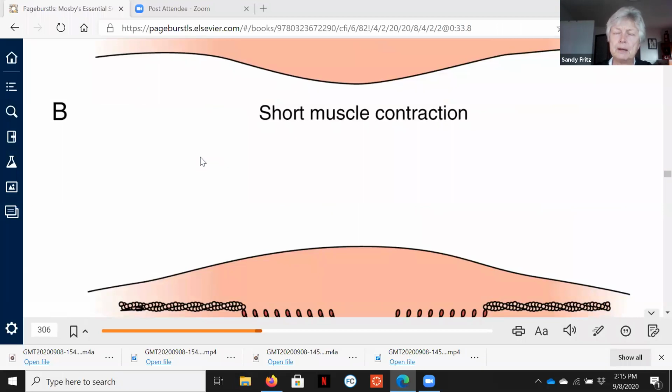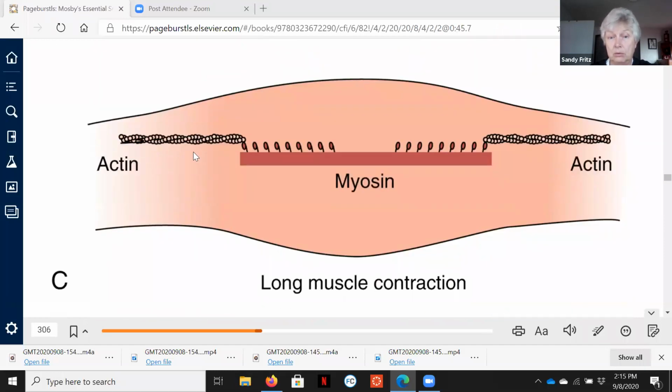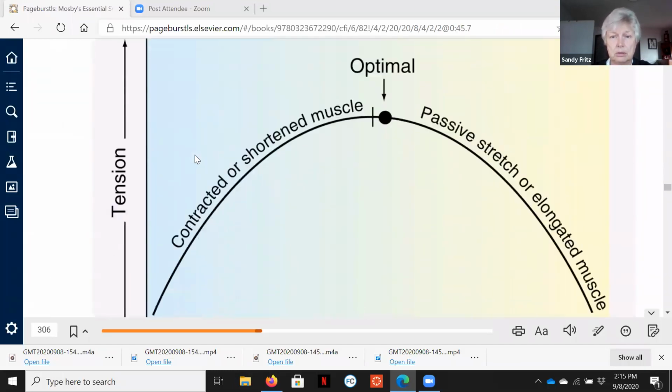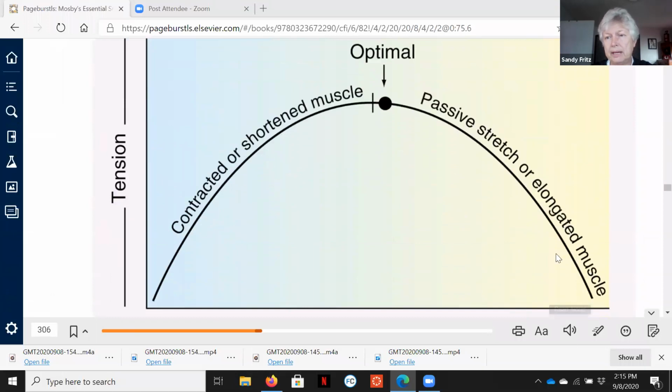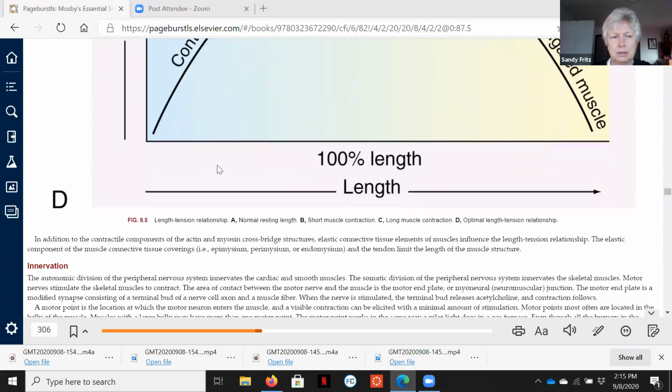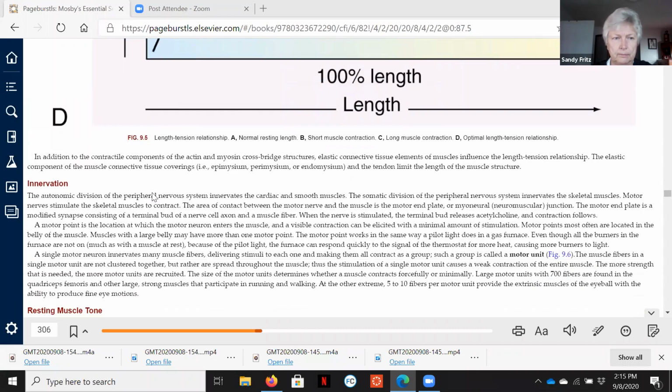Or the muscle might not be able to pull enough. Or it might not be able to let go and lengthen out. So there's an optimal range there. You don't want something too tight and you don't want something too long.